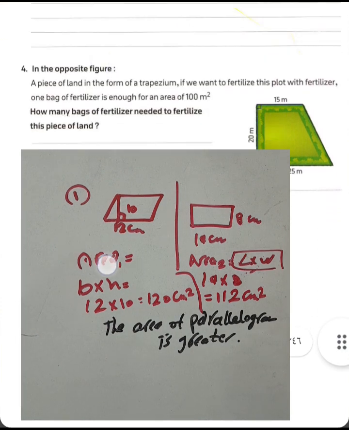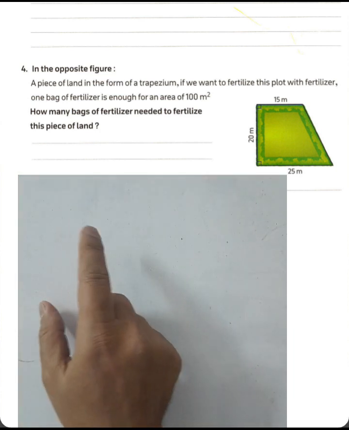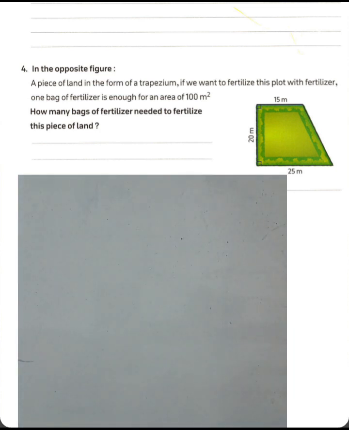Next example, question number 4. A piece of land of trapezium shape. If you want to fertilize this plot, 1 bag of fertilizer is enough for area 100 square meter.